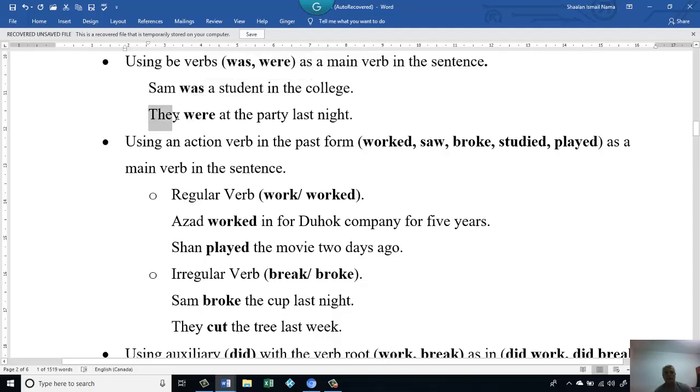Let's go to the second sentence. They were at the party last night. Here we know it's in the past for two reasons: because I have were and also I have last night. When I have last night, then I know this has to be in the past.